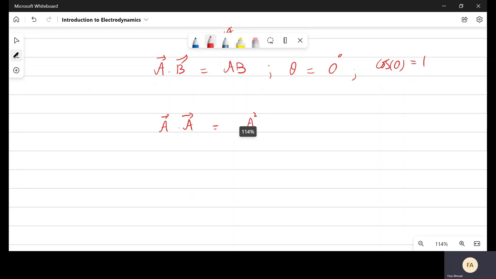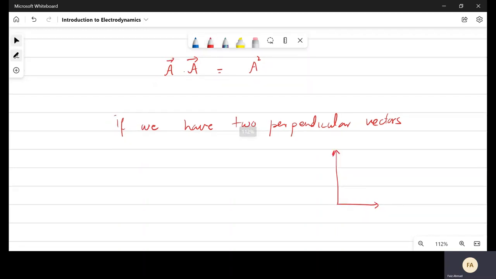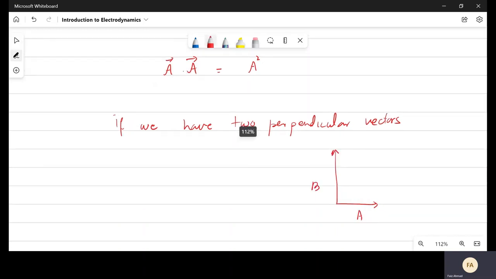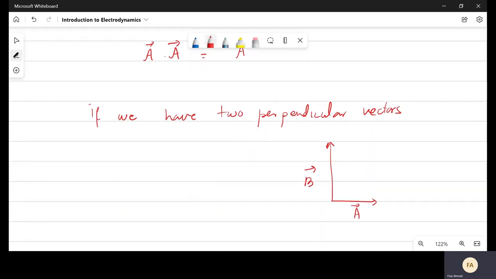And for two perpendicular vectors, say this is vector A, again this is vector B. If we take the projection of A on B or B on A, the projection is 0.